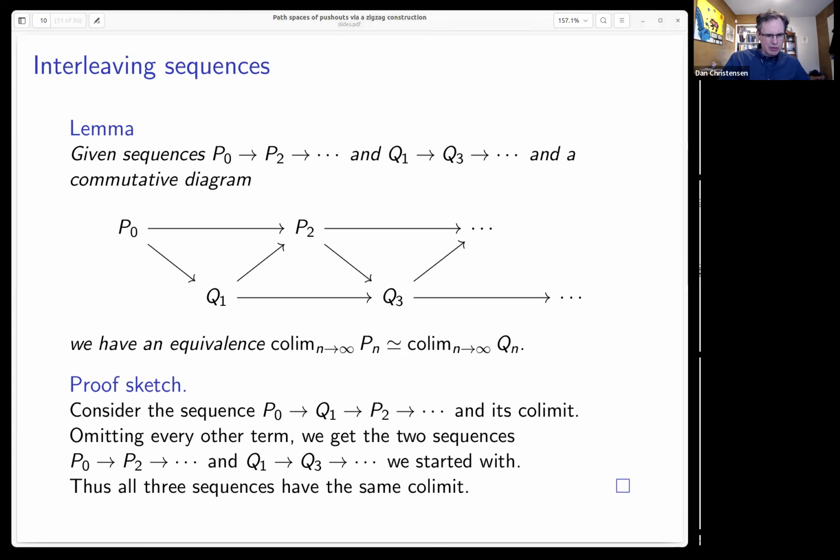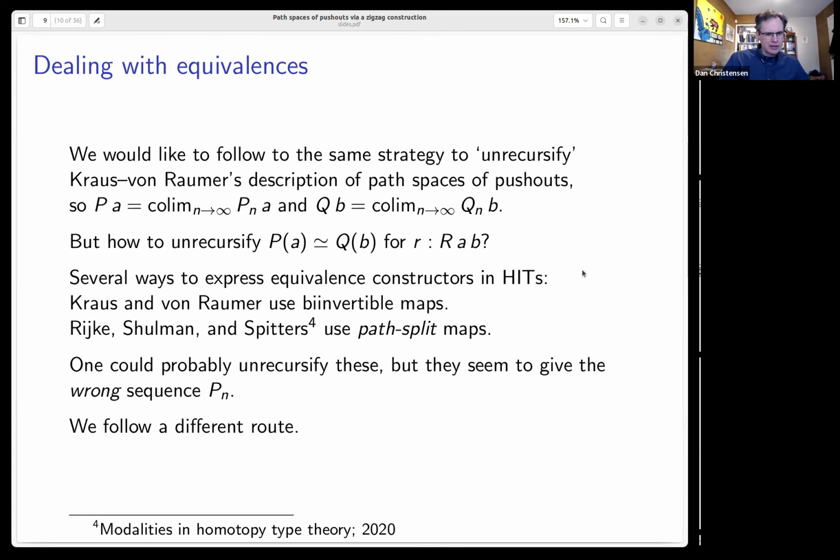Oh yeah, that reminds me. Go back to that slide. You say that you could unrecursify these, but they seem to give the wrong sequence. Can you say more about that? Yeah. So by wrong sequence, I mean that, for example, if you start with a span of sets and you want to understand the pushout, then by these results, PA and QB in them should be sets.